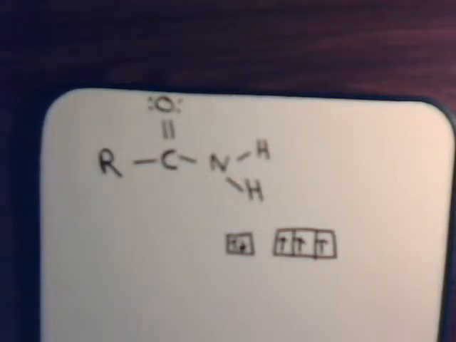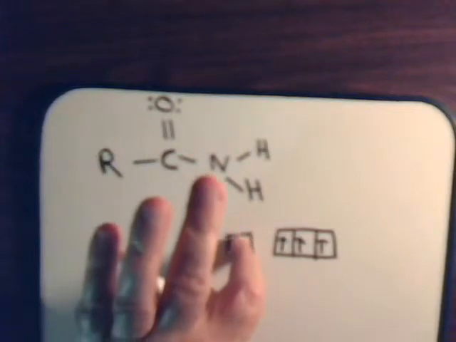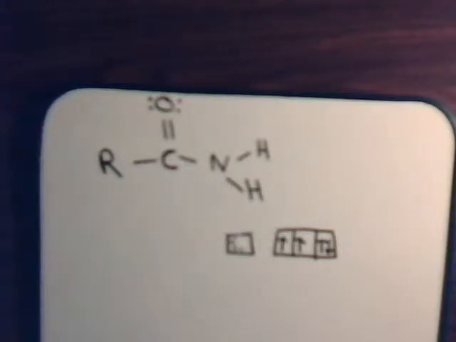What happens is one of the s electrons gets promoted to the p orbital, say like this, and then pairs up with one of these p electrons.